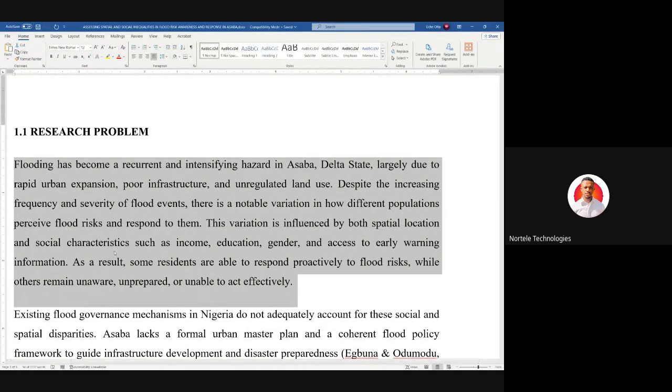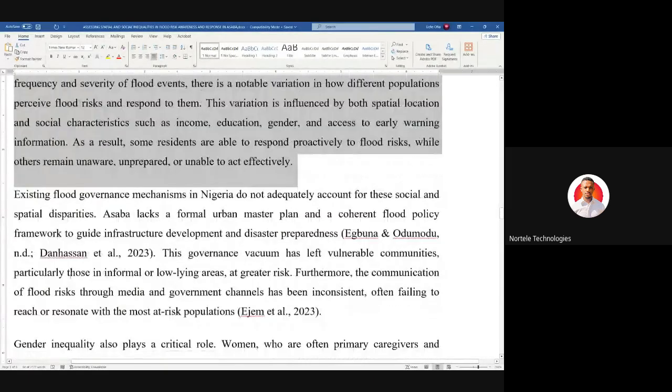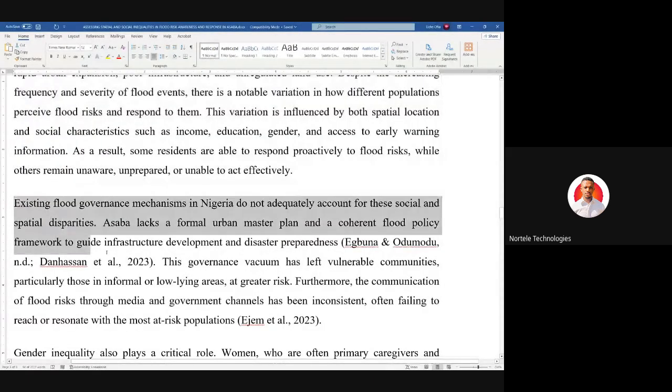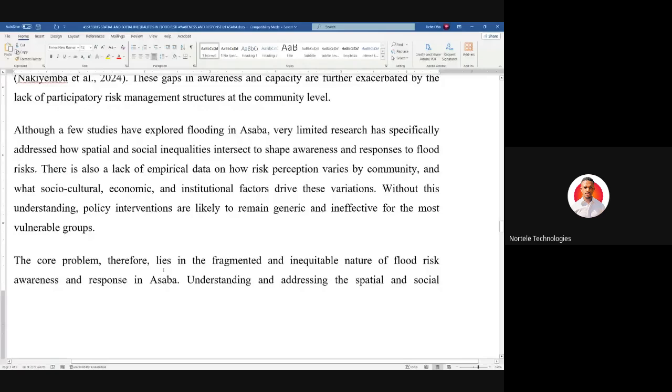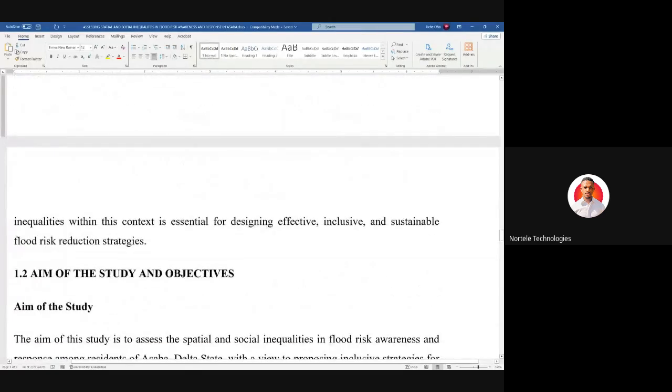Then from there, like you see here in the second paragraph, you can back it up with research. You can now say, because you have noticed this, it also aligns with the research from so and so, going forward. You understand? That is the number one thing.